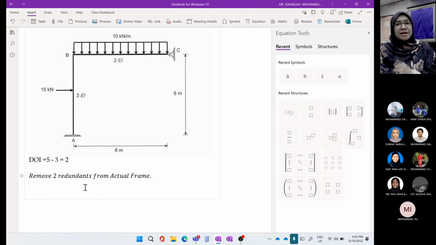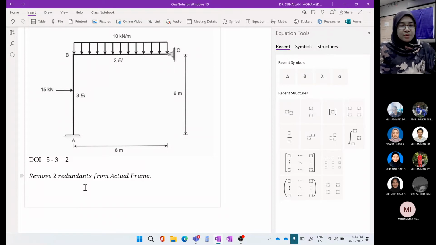In a two redundant system like this, we have what we call possible primary structures. For 1 redundant, there are 2 possible primary structures. For 2 redundant, we have 3 possible primary structures.